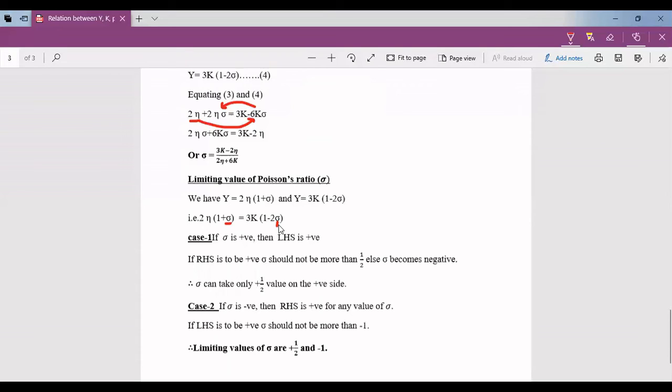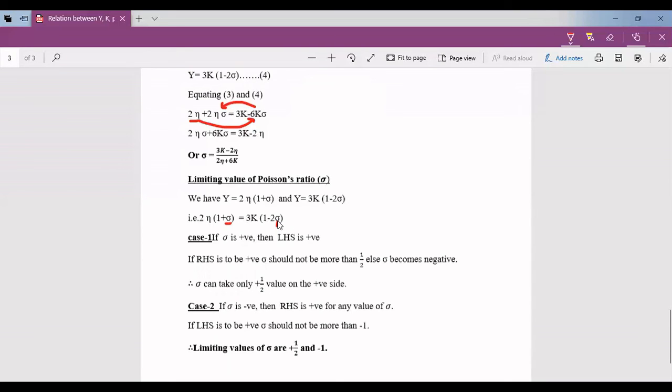So the RHS will be minus 1 into 3k, a negative value. So 1 is not suitable as a value for sigma.